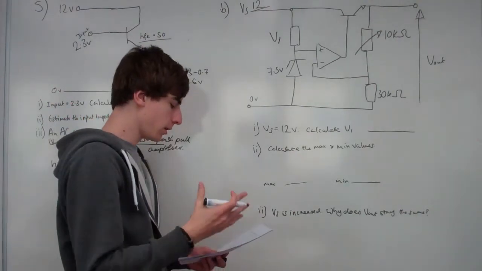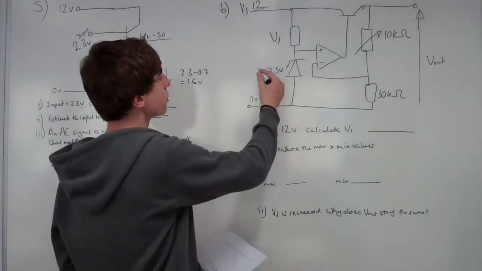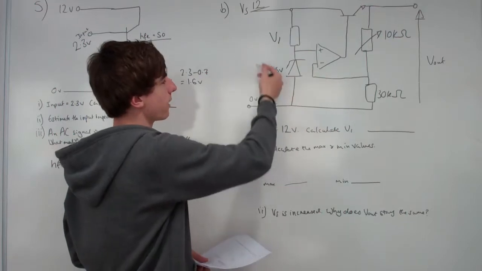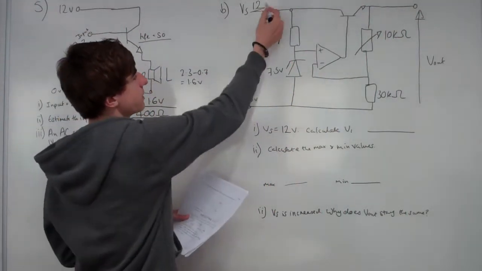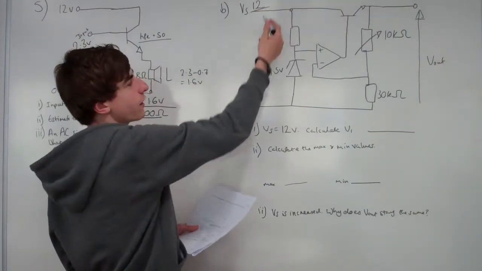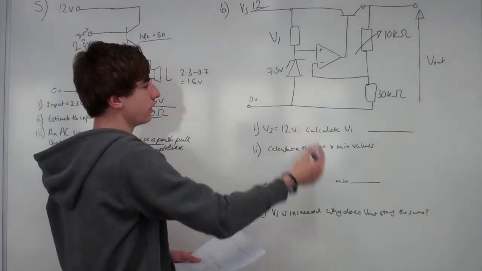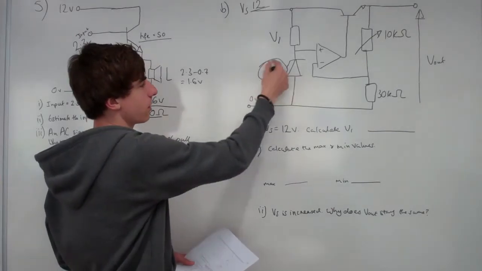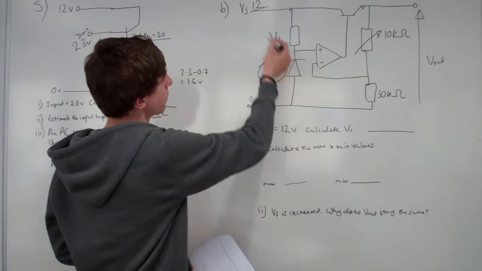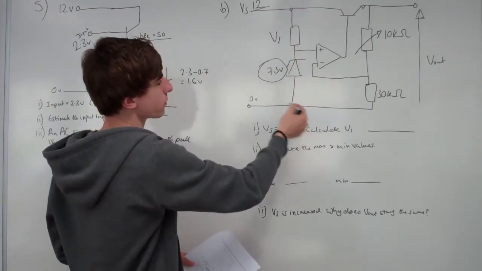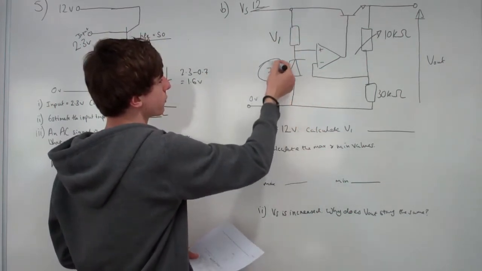Now, you can always remember that as long as this Zener diode is in breakdown, the voltage across it is going to stay constant, no matter what this is. So this can be 13, 14, 15 volts, this will be the same. And that's written nicely there for you. So V1 is just going to be the entire voltage dropped minus this.